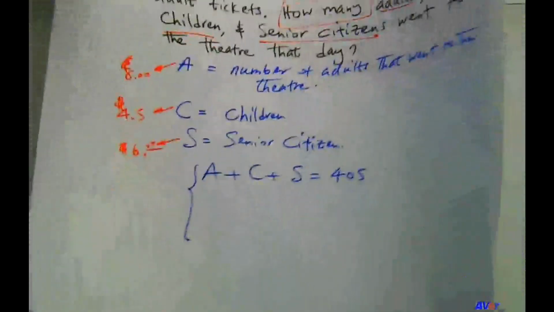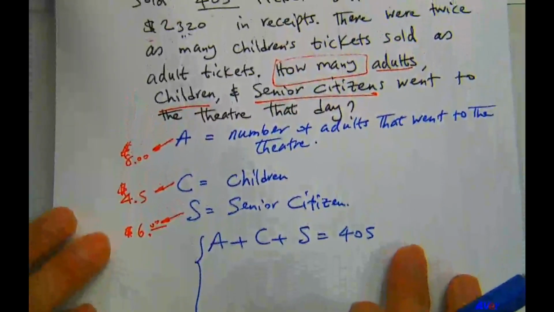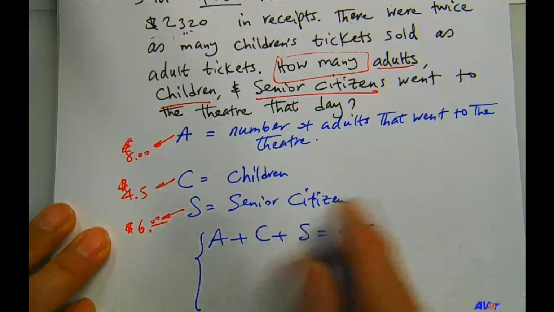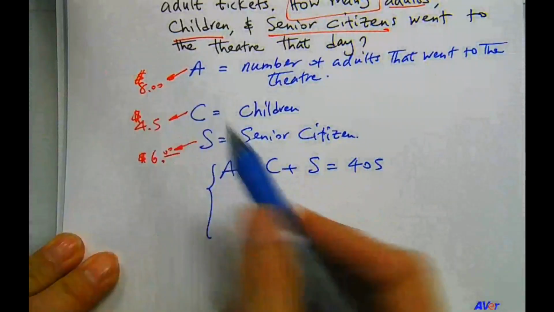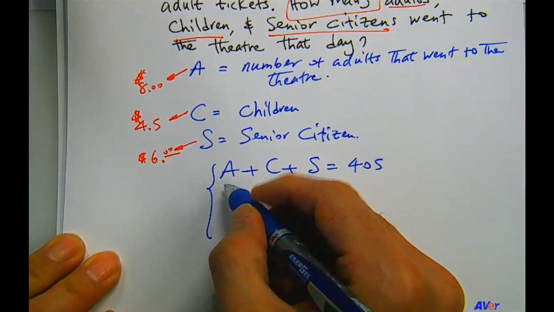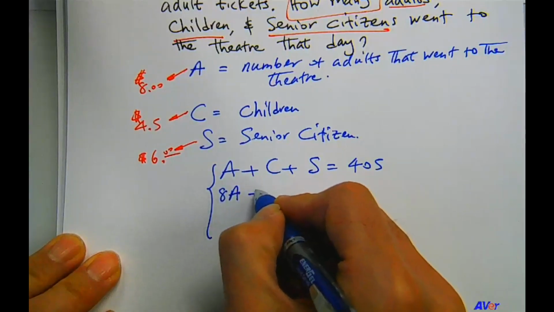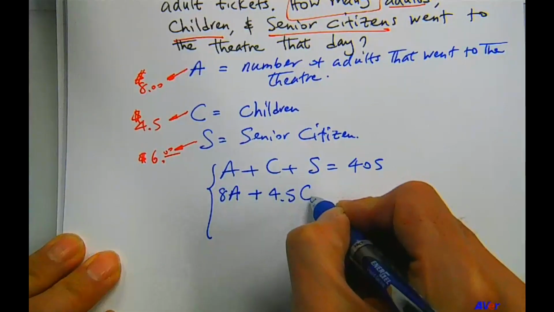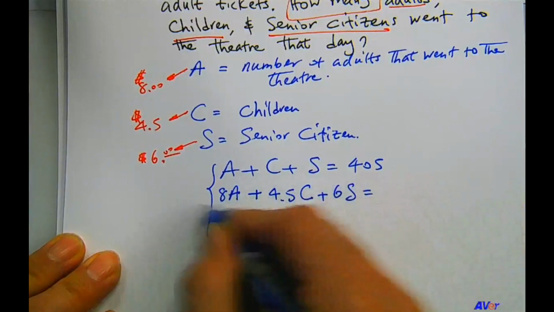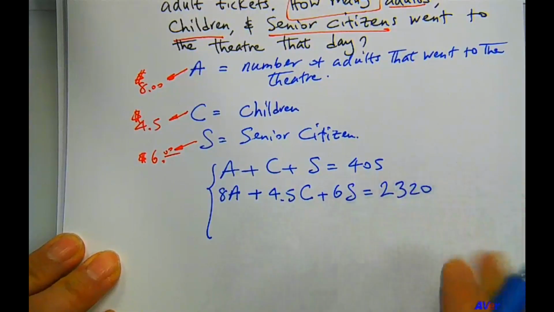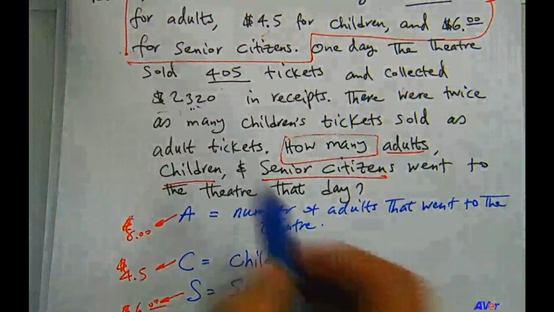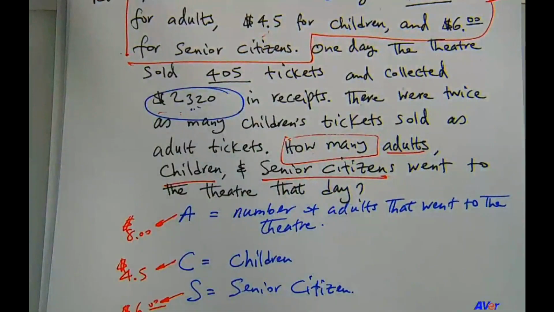We can write a second equation based on that information, because looking at the ticket prices, each adult ticket costs the customer $8, so 8A plus 4.5C plus 6S must add up to $2,320, which is the information given to us here. So that's the second equation.